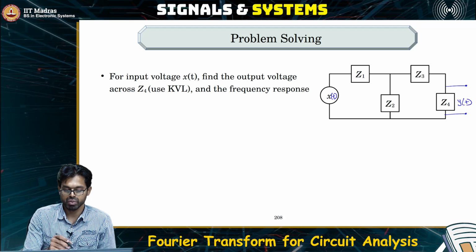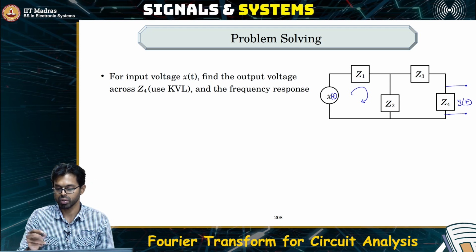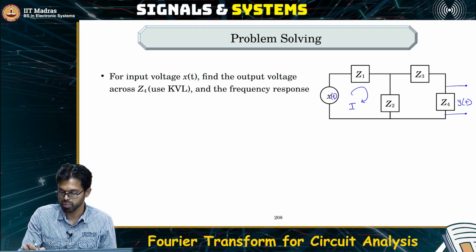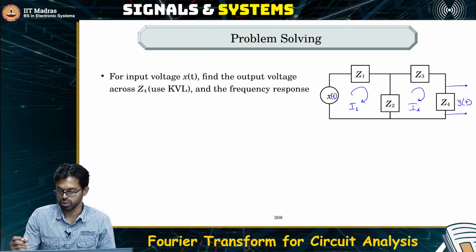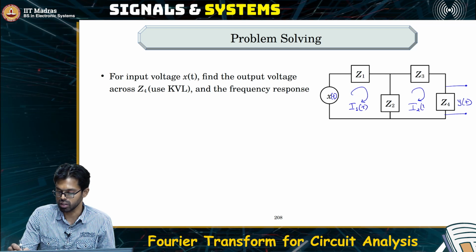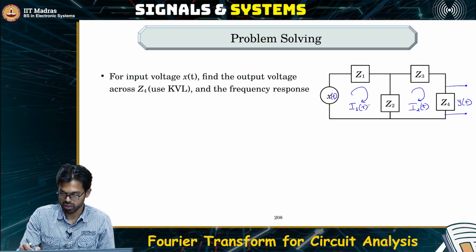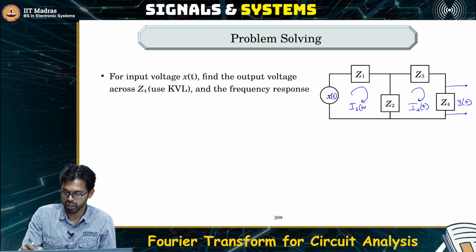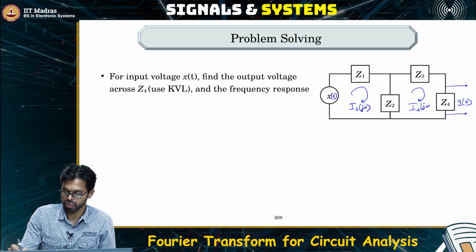In order to solve this, we will have to write the KVL equation. Let us assume that there is a loop current here, let us call that I1, and there is another loop current here, this is I2. So, there are 2 loops, currents I1 of t and I2 of t. The equivalent Fourier domain representation of the currents is I1 of j omega and I2 of j omega.